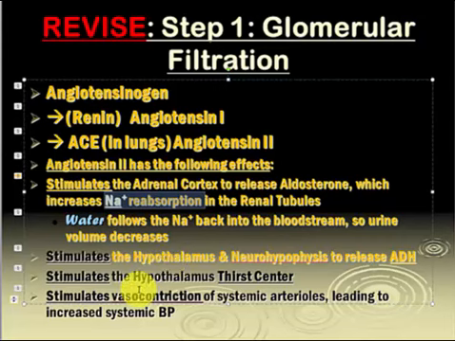It also stimulates the release of ADH from the hypothalamus. Remember, the hypothalamus produces vasopressin, also known as ADH, and ADH directly affects water reabsorption by acting on the distal convoluted tubule and collecting duct, affecting the permeability of cell membranes and water pores, or aquaporins.